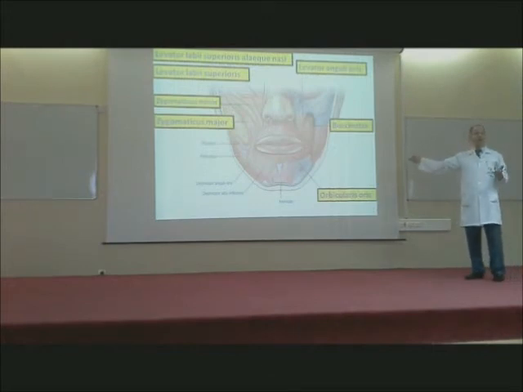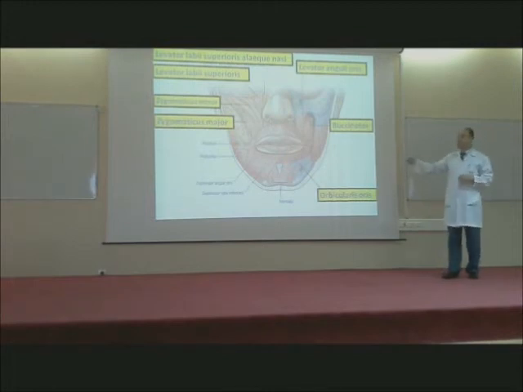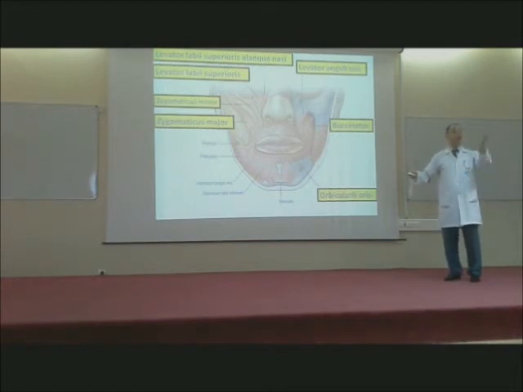Which one of the zygomatics? Major or minor? Surely major. So, acting on elevation of the corners or angles of the mouth are zygomaticus major and levator anguli oris. Pure elevation of the upper lip will be carried by minor and levator labii superioris alone or levator labii superioris with alaeque nasi. That's right?